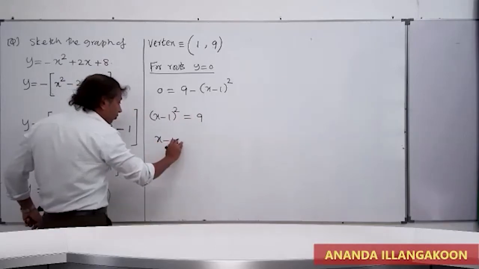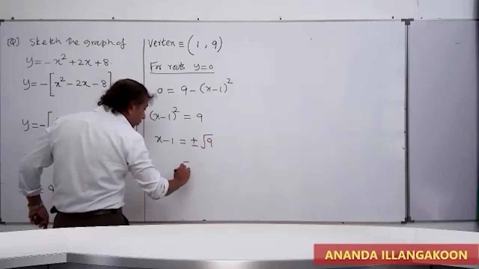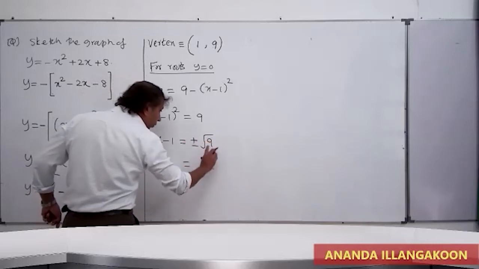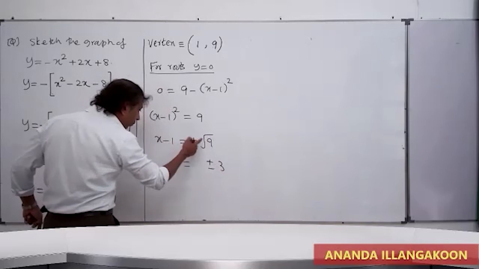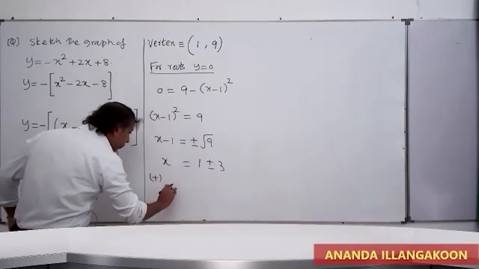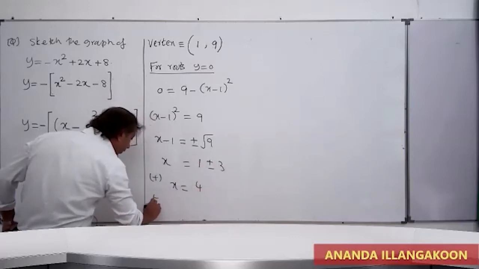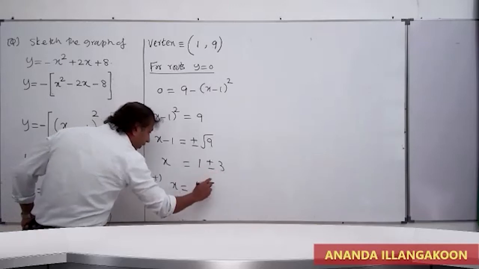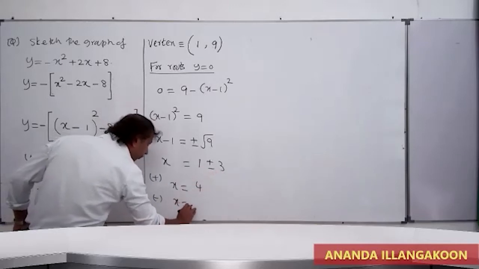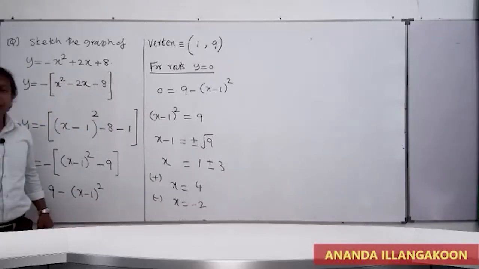Now we can take the square root on the right hand side, plus or minus root 9. Root 9 is 3, no? Bring this minus 1 to the right hand side, plus 1. Right, now select plus sign. x is 1 plus 3, it's 4. Take minus sign. 1 minus 3, it's minus 2. x is 4, x is minus 2. Right, people?